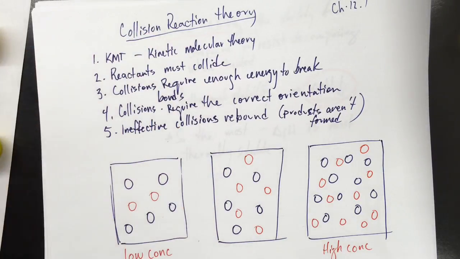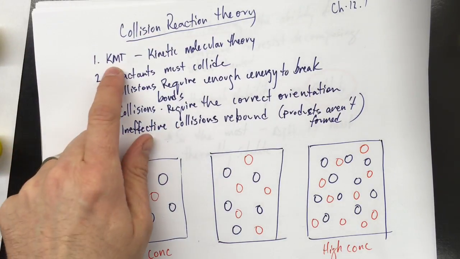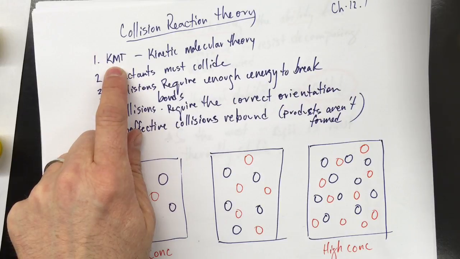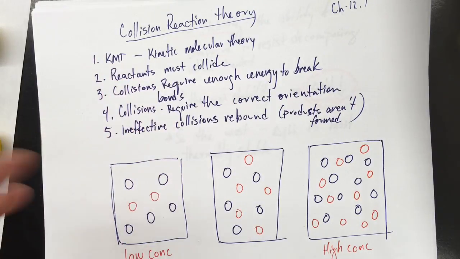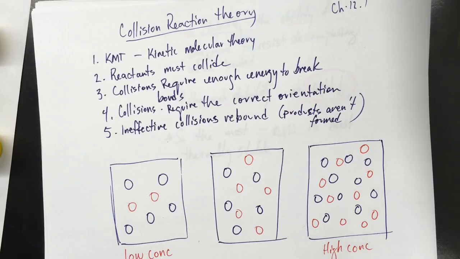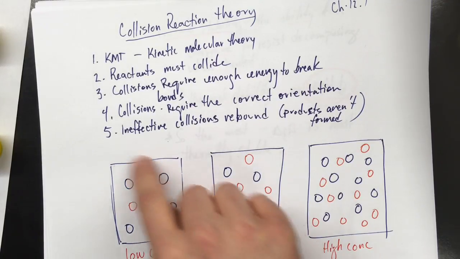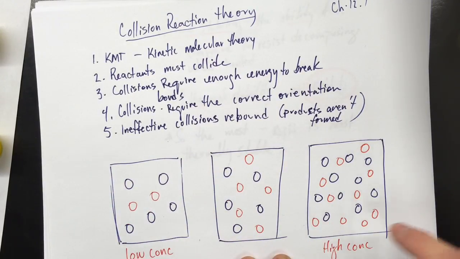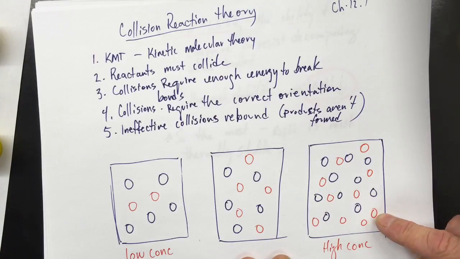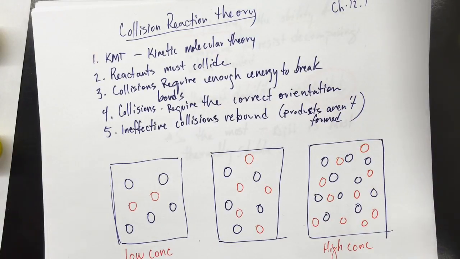Collision reaction theory takes it a little bit further. So kinetic molecular theory was mentioned in Chem 20, but collision reaction theory explains what's happening during the reactions. Before we get going, it's helpful to know that if you have a low concentration of gas or of ions in solution compared to high concentration, we're going to get a different amount of collision.